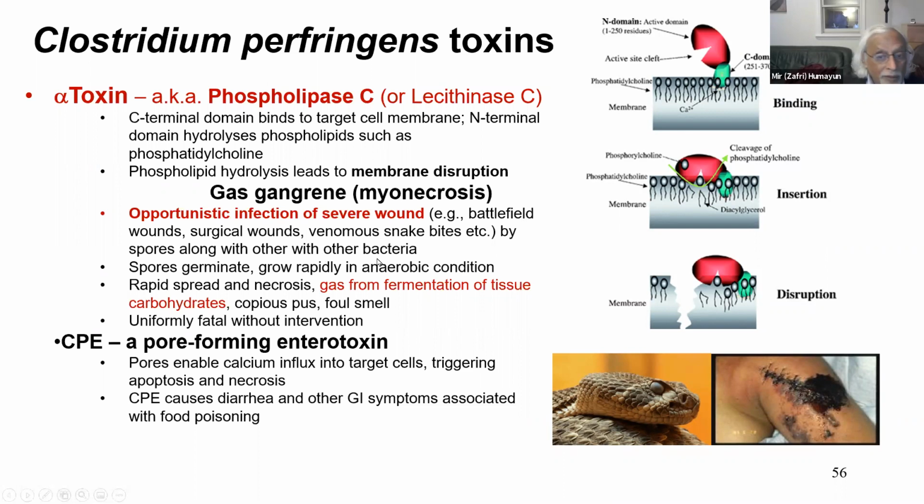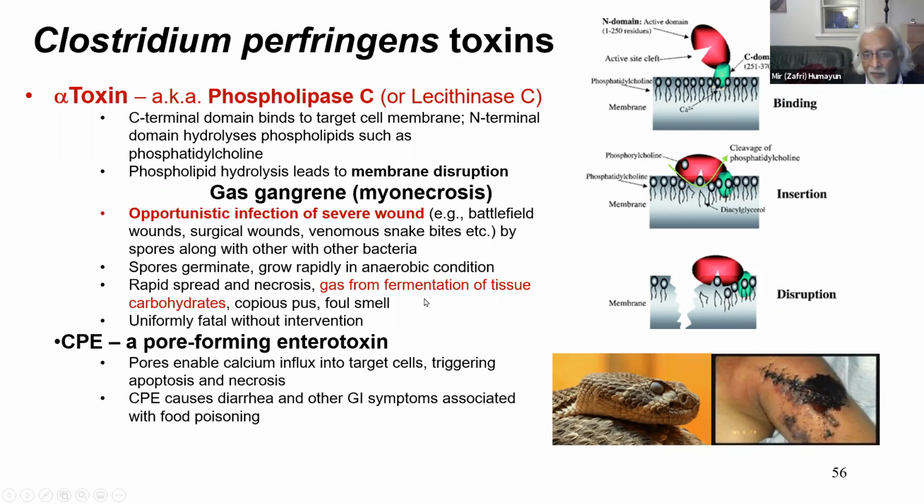So that same wound also creates conditions for Clostridium perfringens infection. The spores that are delivered that way grow rapidly in anaerobic conditions, and that leads eventually to abscess formation.